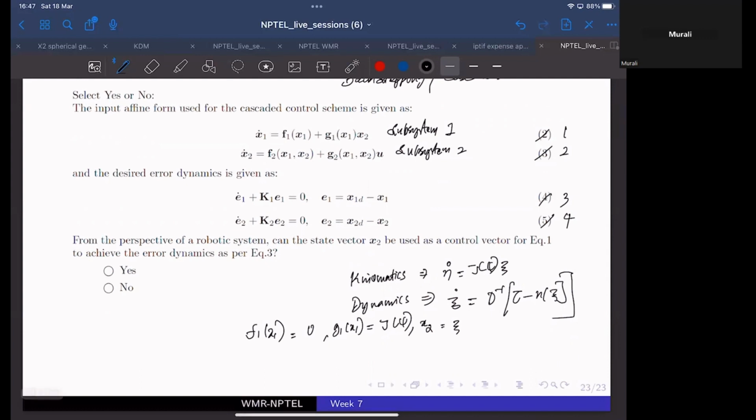right? And f2 of x1, x2, from the dynamics equation, is minus D inverse N of zeta, and g2 of x1, x2 would be D inverse, and u would be tau.